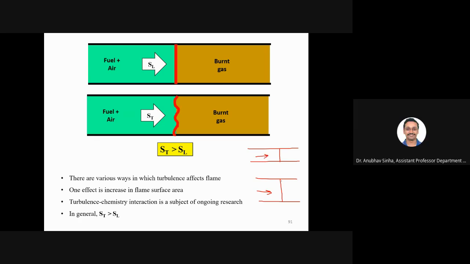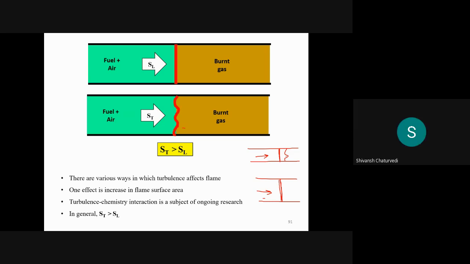Why? Because it has larger surface area. Now if I create larger surface area in this one by corrugation, can I increase the mass which is getting burnt?